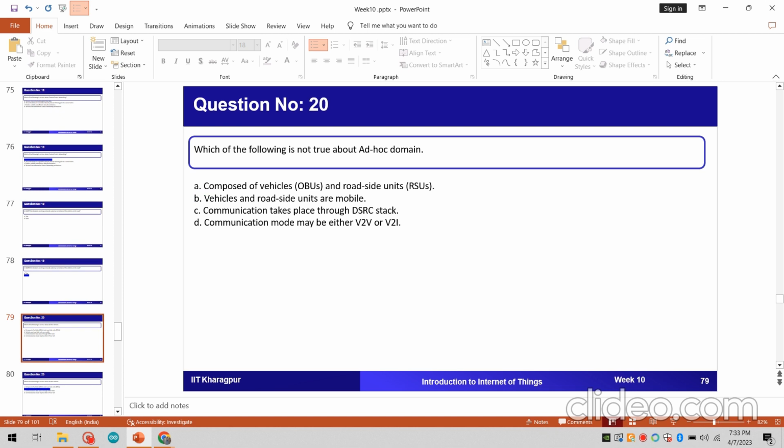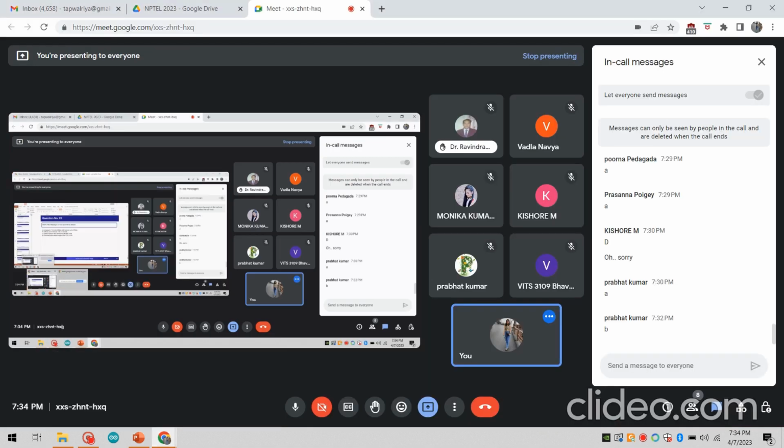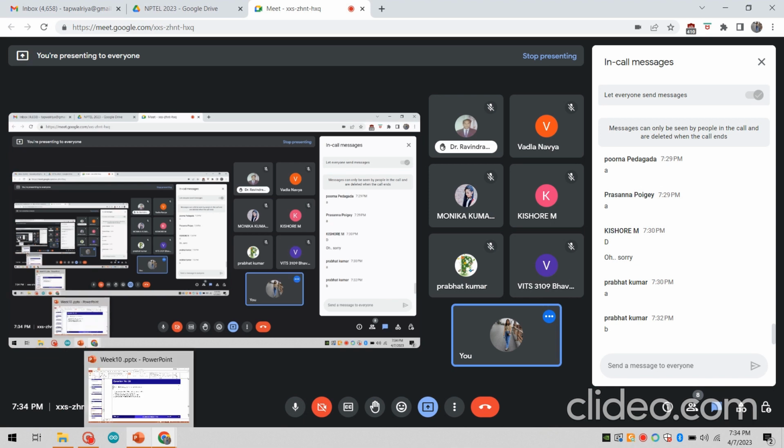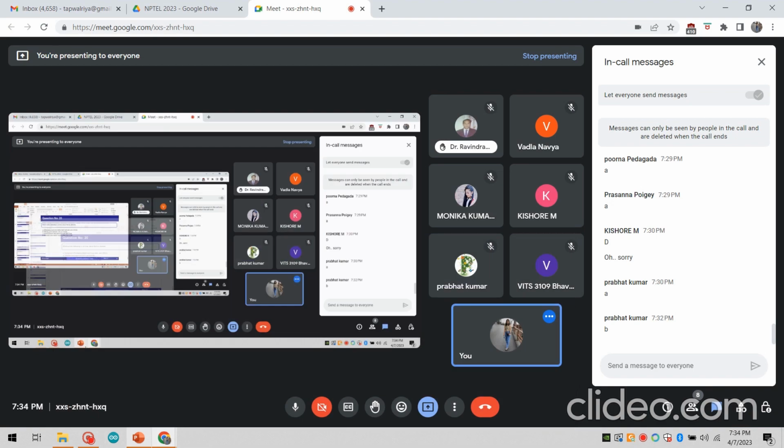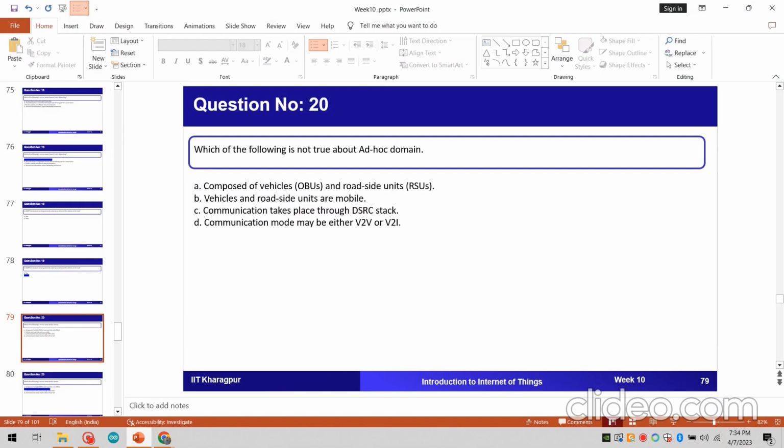Options are: composed of vehicles, that is your OBUs, and roadside units; vehicles and roadside units are mobile; communication takes place through DSRC stack; communication mode may be either V2V or V2I. Anyone? C. That is communication take.